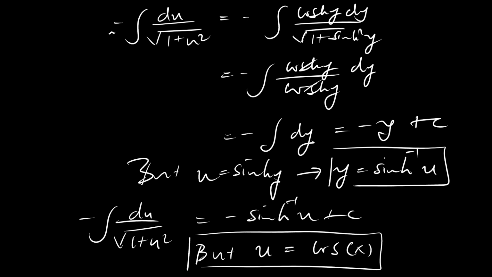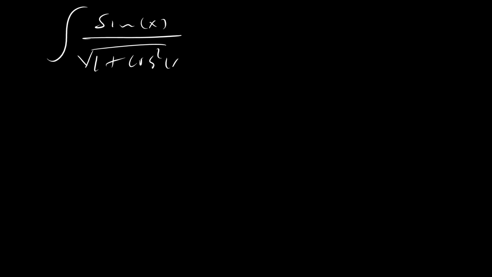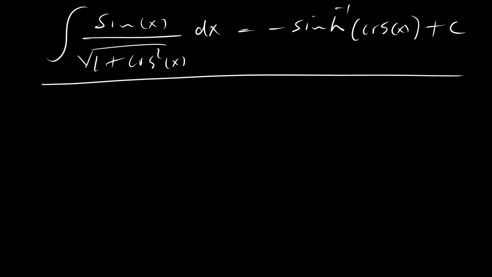So in other words, our original integral of sine of x over the square root of 1 plus cosine squared x is the same as negative arcsinh of cosine of x plus c. So that was method 1.